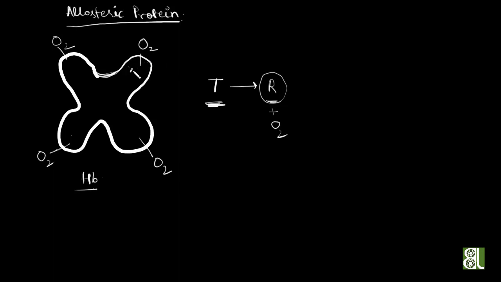So when oxygen binds at the first subunit, it binds very weakly, and gradually, because hemoglobin is an allosteric protein, as we add oxygen molecules, the conformational or binding properties will change, and the oxygen starts to attach very easily, so the R state can be easily achieved here.